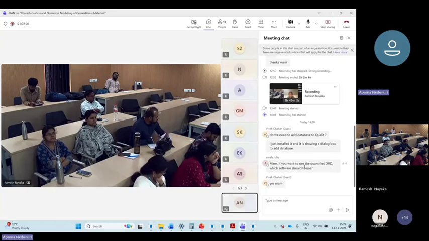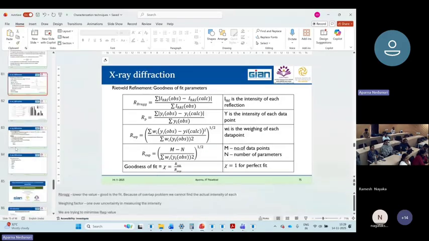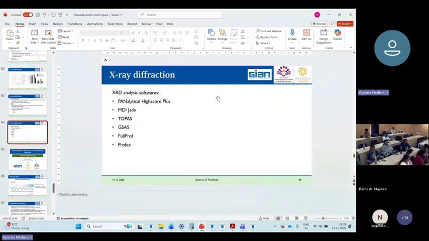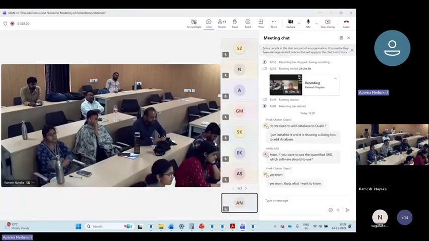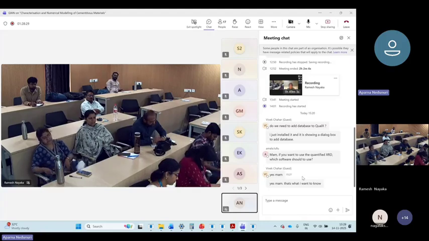Okay, ma'am, if you want to do quantified XRD, which software should we use? For quantified XRD, we can use either High Score Expert that I have shown over here, MDI Jade, TOPAS, GSAS, FullProf, Profex. There are several softwares or interfaces through which you can do Rietveld refinement and get the quantified phase analysis.